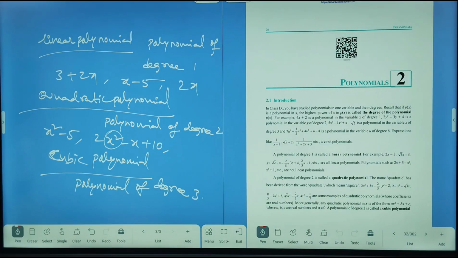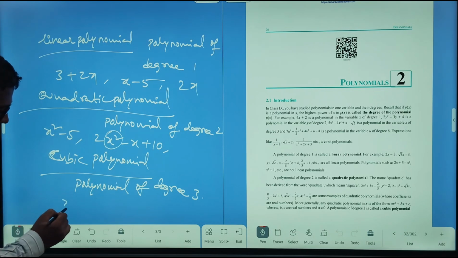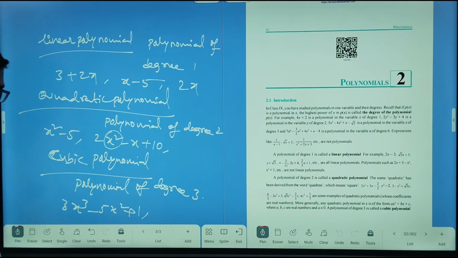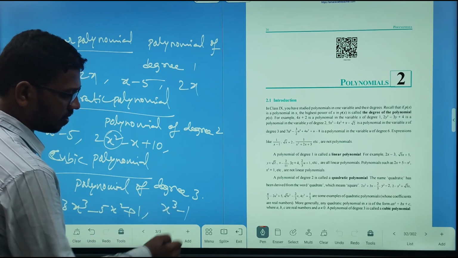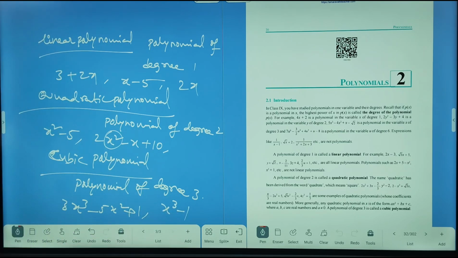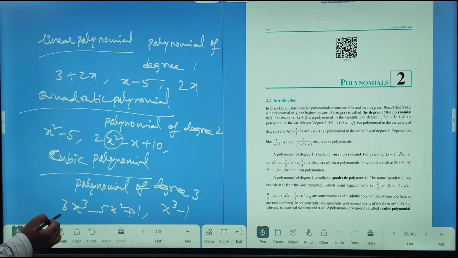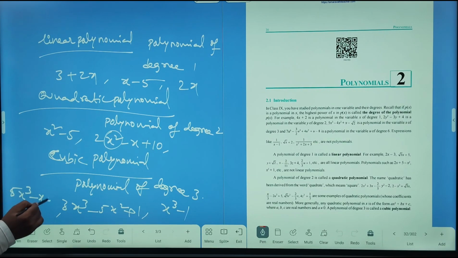You can take examples for a cubic polynomial as 3x cube minus 5x square plus 1, or simply x cube minus 1. Anything you can take with the highest power 3 of the variable. Suppose you can take 5x cube minus x plus 1, like that.